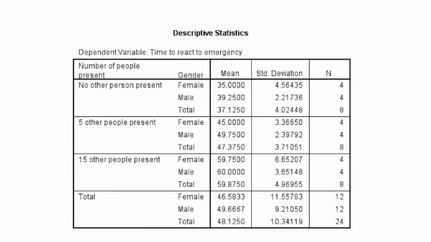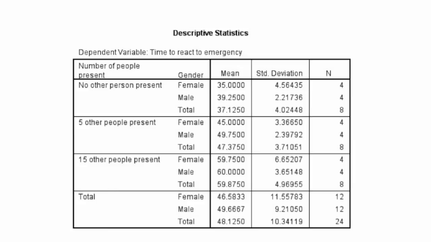You can see in the descriptive statistics the mean and the standard deviations for each level of the independent variables are provided. So you may want to examine these just to have a look at what's going on. For example, it looks like the more people that are present, the longer it takes the individual to respond to an emergency.